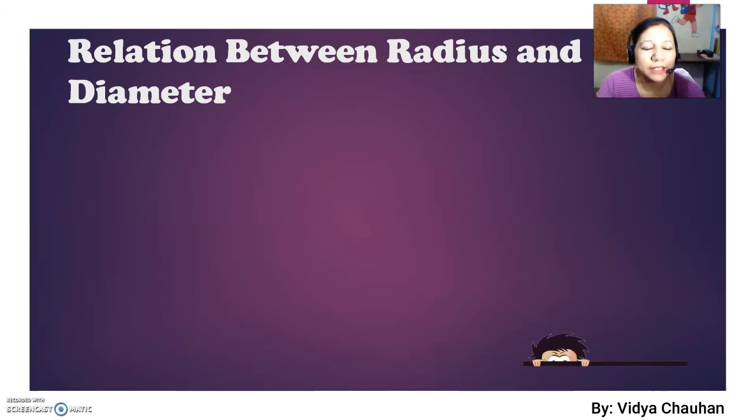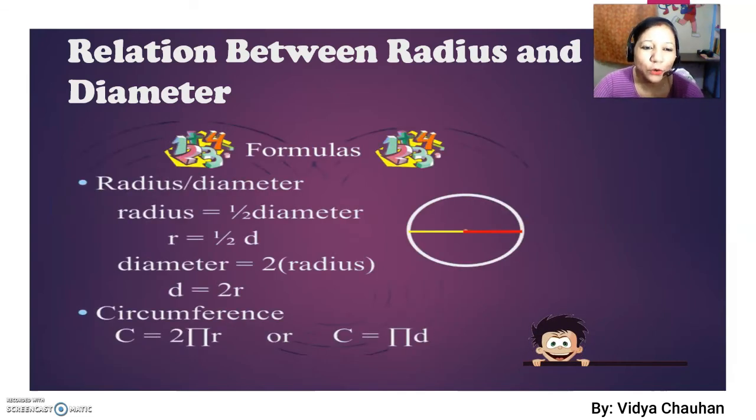Now comes our last topic of today's teaching, and that is the relation between radius and diameter. How are they correlated? Let's see here. As you know, the radius is the distance from the center to any point of the circle, whereas the diameter is the distance from one point to another point on the circle passing through the center.